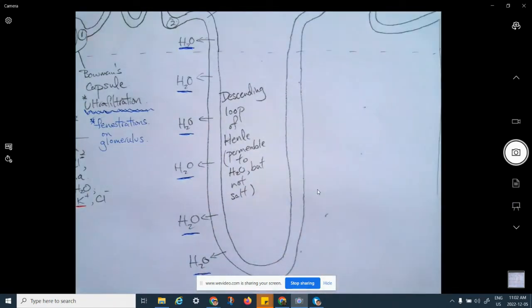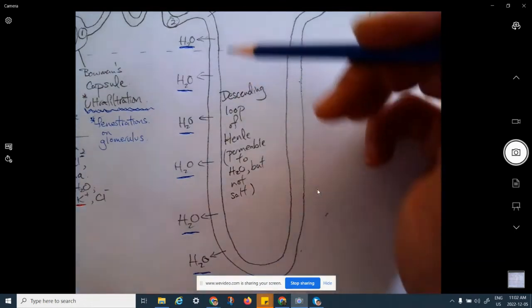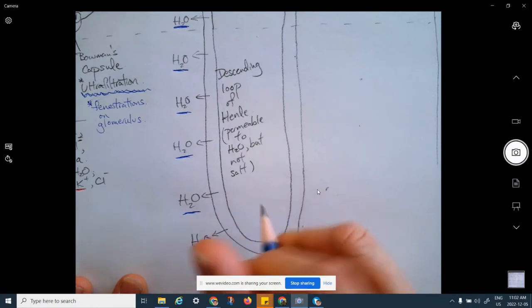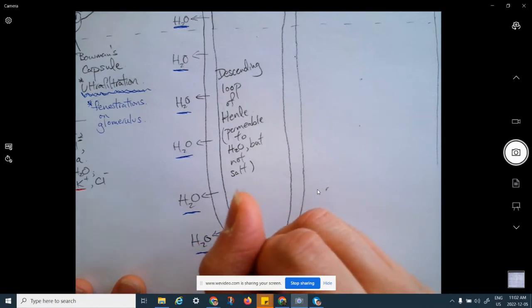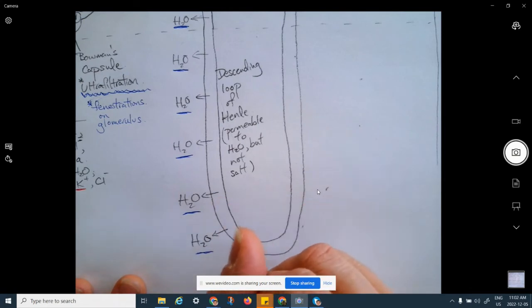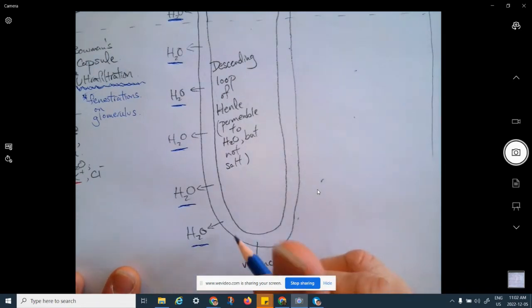So I have it underlined in blue. By the time it gets to the bottom of the loop of Henle, your filtrate is very concentrated. It's very salty, so to speak. Think of it as very salty.